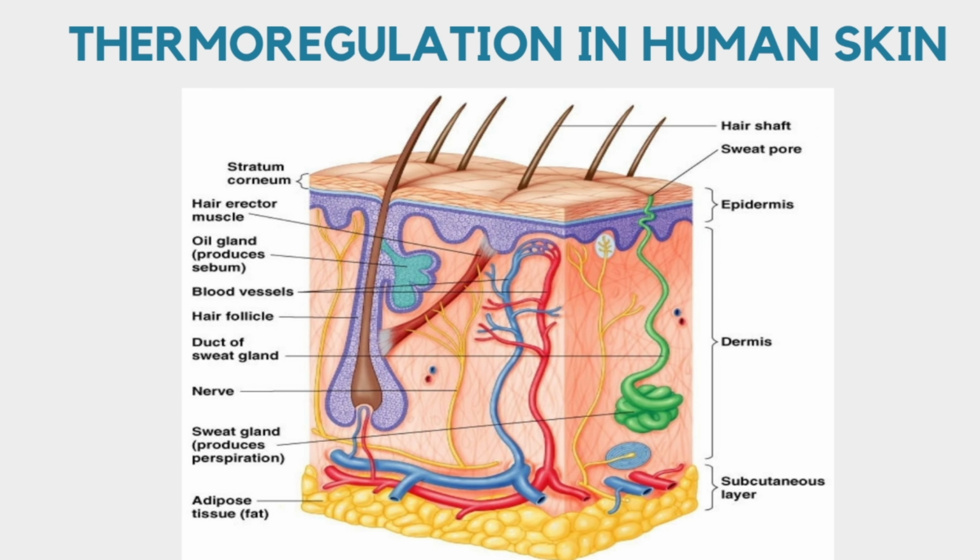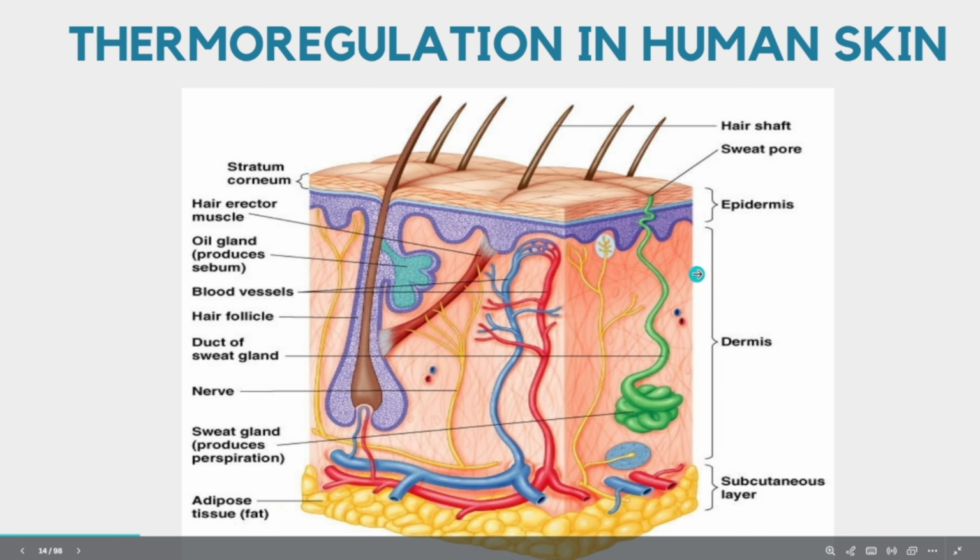Next, we want to learn about thermoregulation in human skin. So this is the anatomy structure of the human skin. I think everyone already knows it. Normally we have three major layers. The first one, the outermost one that you see with your eyes, is the epidermis.